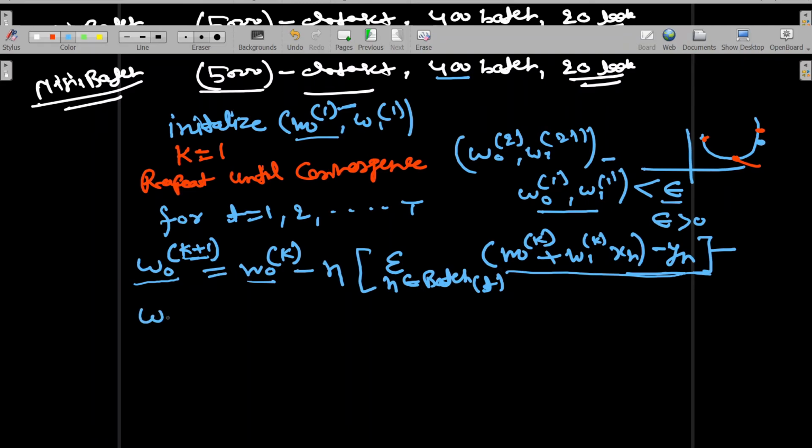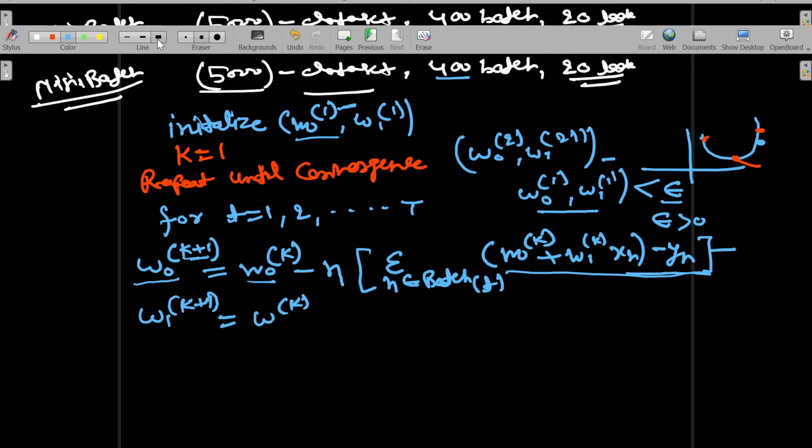Now if you go for w1 k plus 1, we have to find w1 also, right? Because this is 3 dimensions, so we have 2 independent variables. So this will also be w0 k, w1 k. This is 1, please don't confuse.